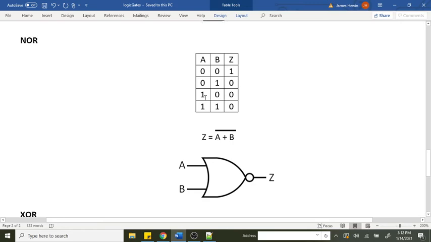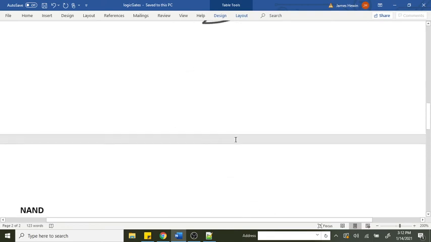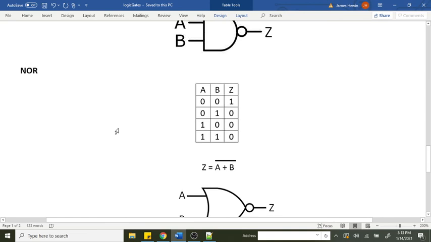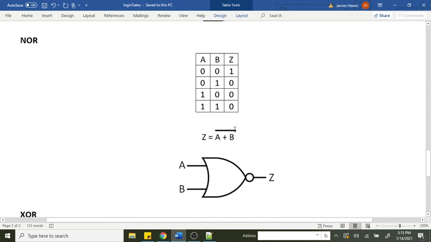So the OR output would be a 1, and then I would invert it to a 0. Okay. And again, here we put the bar over the entire A plus B term. Just like for the OR, we had just A plus B. The OR is Z equals A plus B. The NOR, Z equals A plus B with the bar.